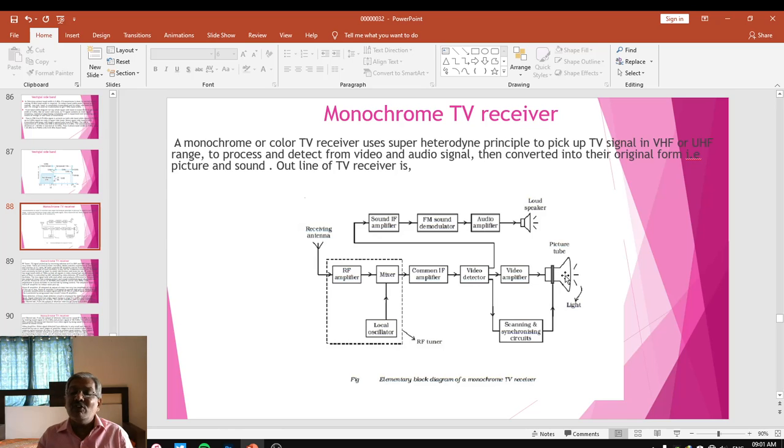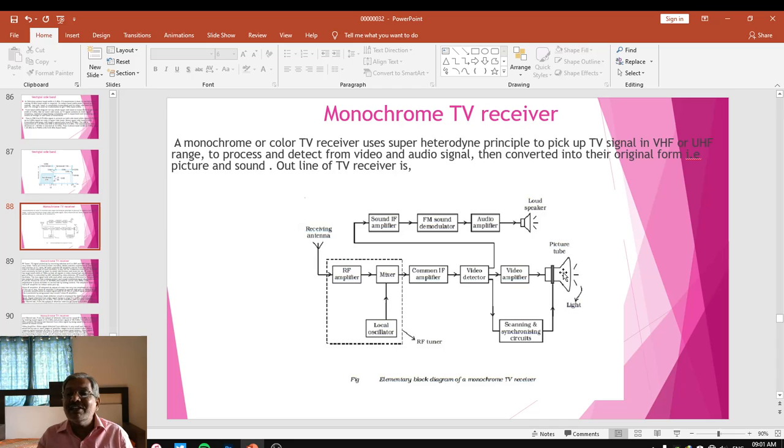Then it is passed through the horizontal and vertical deflection system, to which the horizontal and vertical sync pulses are already applied. This high velocity, high kinetic energy electron beam containing the picture information is allowed to be incident on the television screen, coated with a fluoroluminescence material.